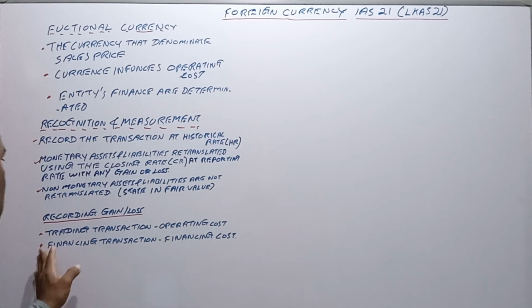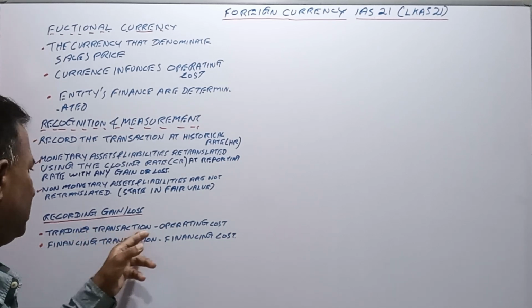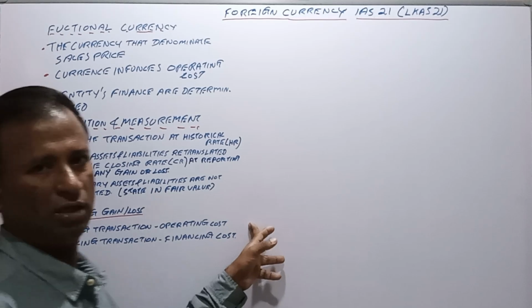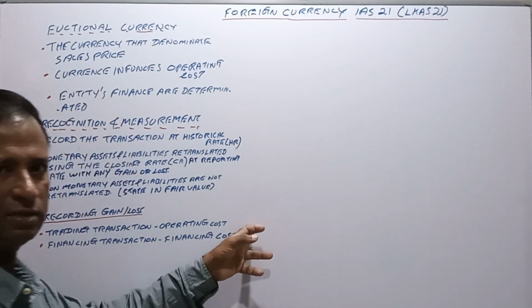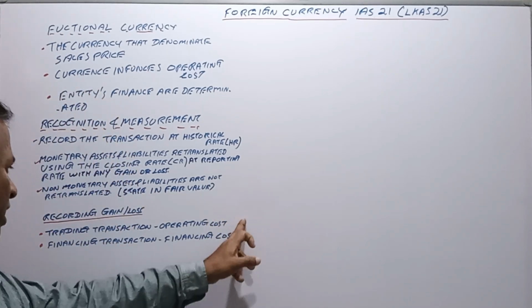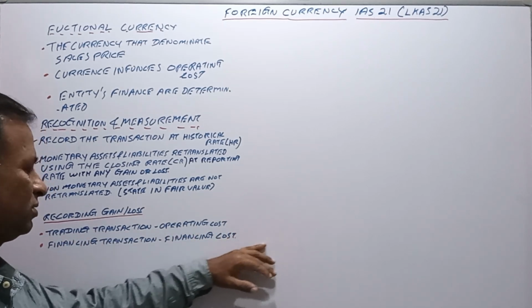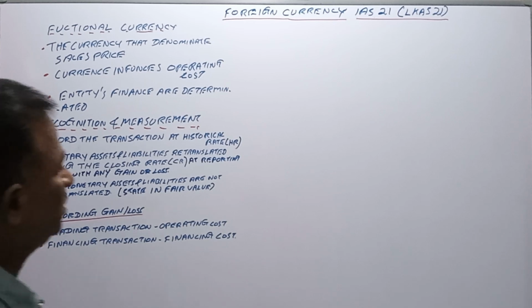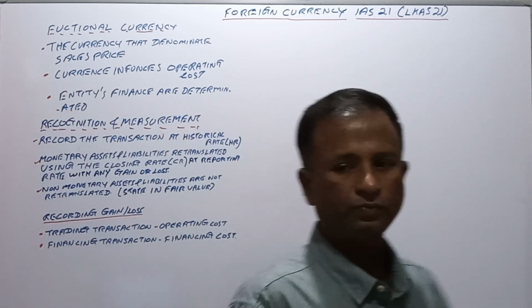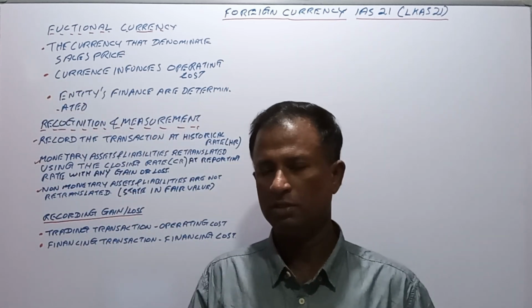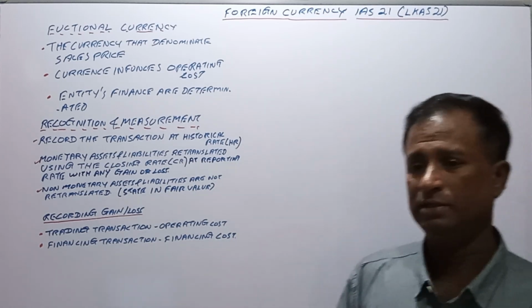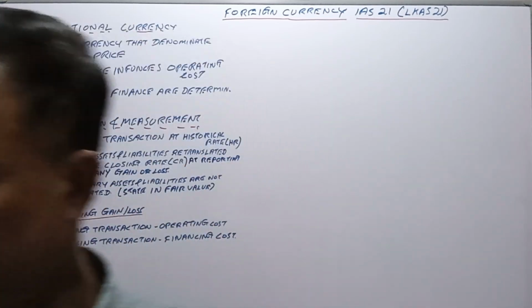Recording the gain: trading transactions go to the operating cost, finance transactions to the financial cost, right? That is the normal summary of foreign currency. So we will do the questions, then only you can understand what foreign currency is.